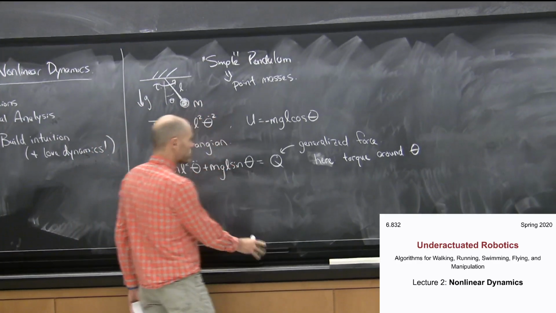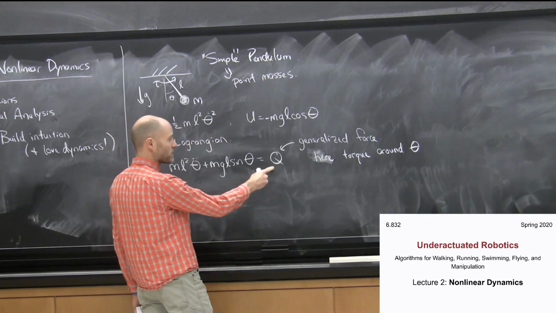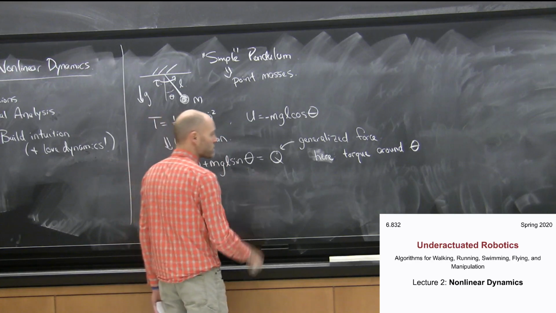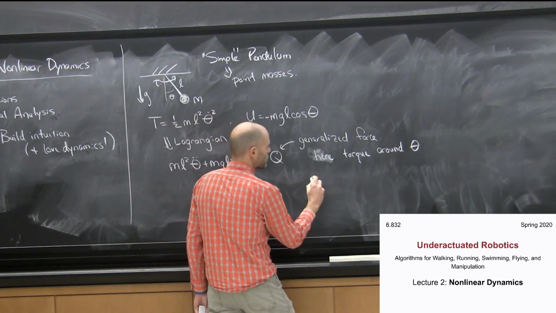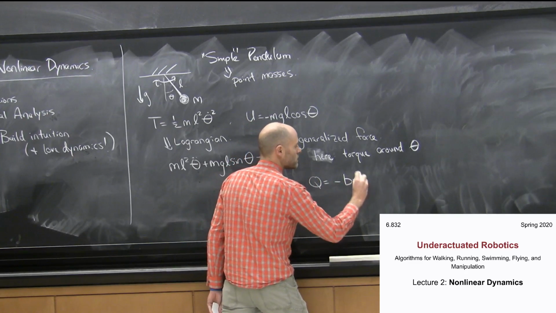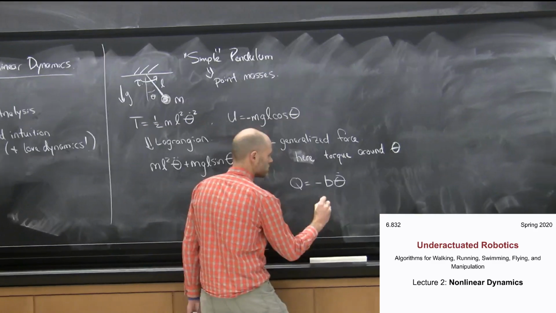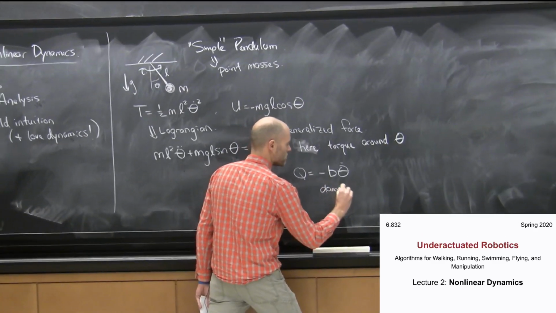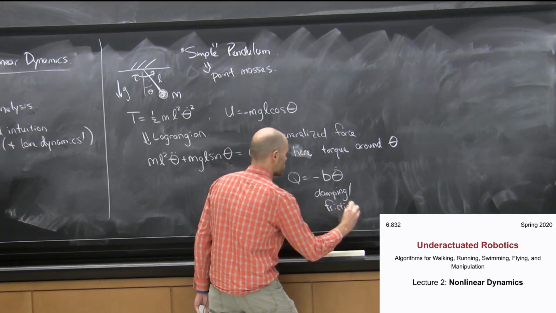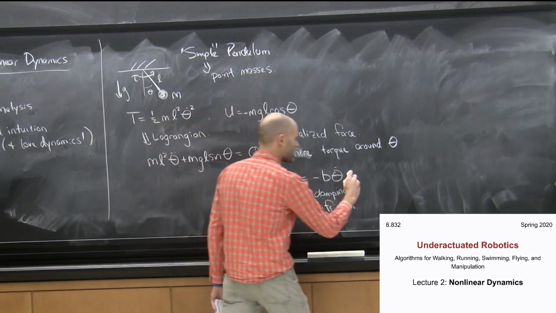In particular, there's two types of torque that we're thinking about adding to this system. They don't come directly out of this Lagrangian, but we're going to put in friction. So we're going to say that for us, Q is going to be some friction damping term. And then I'm going to have a control input, a motor torque that I can apply.